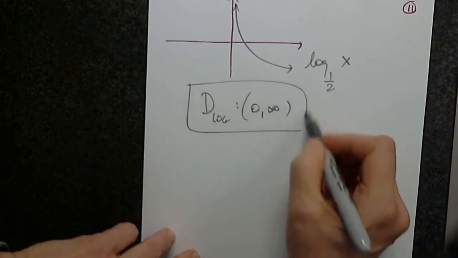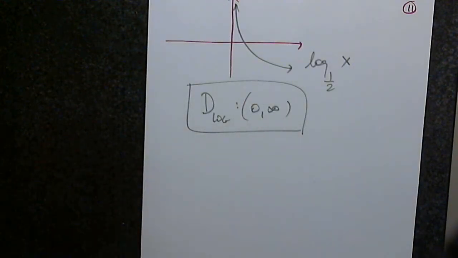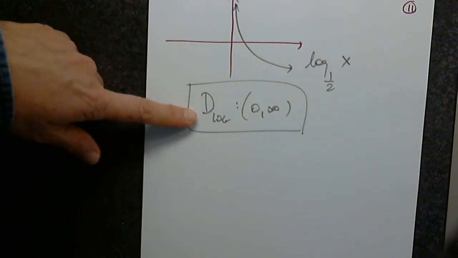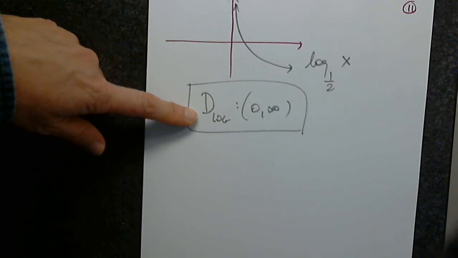The log function is not a friendly function. It's not defined everywhere. It joins the square root and the rational function. It's a function with restrictions, and we have to be very careful about it.